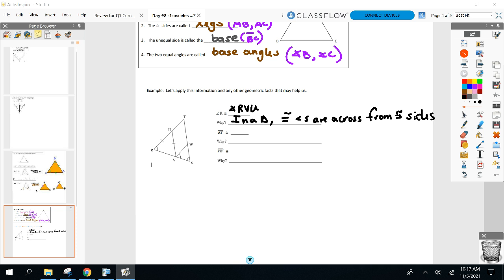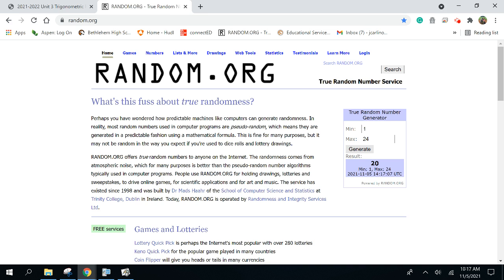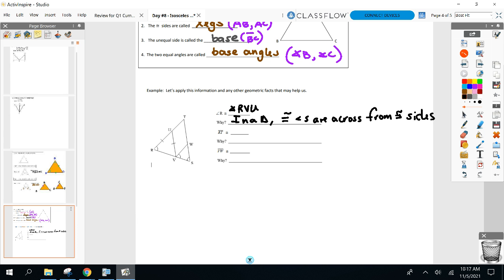Okay, what do you got? RT is congruent to 20. Side RT and side TS. Just so you know where we're getting everything from.